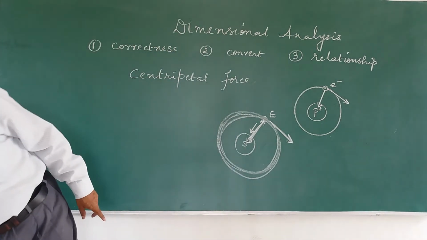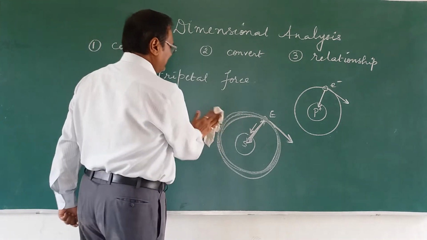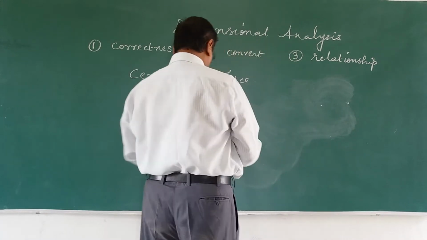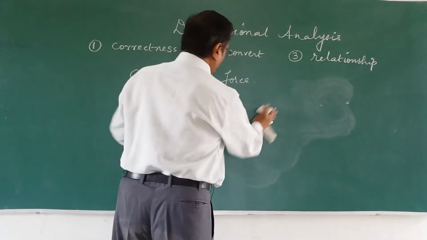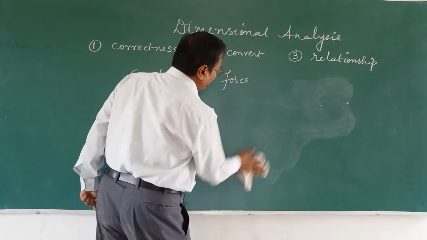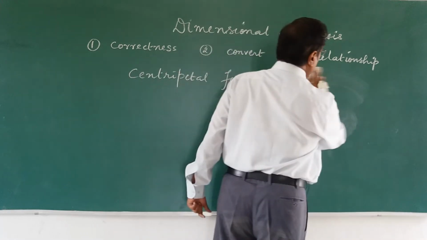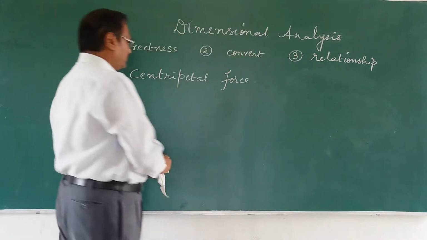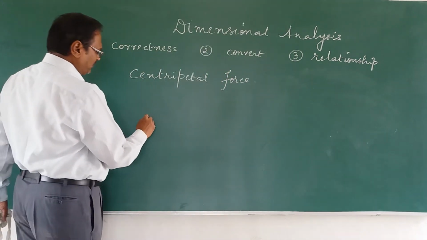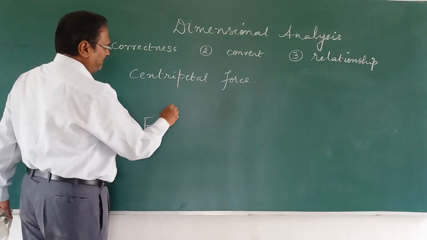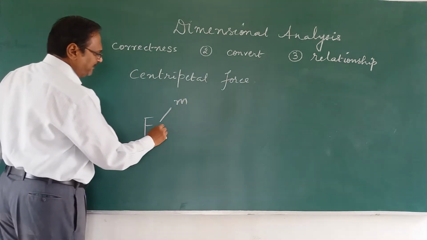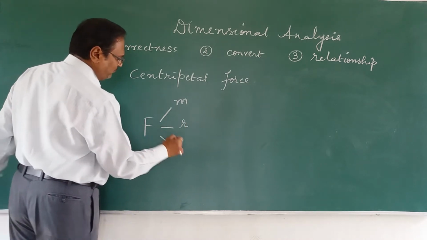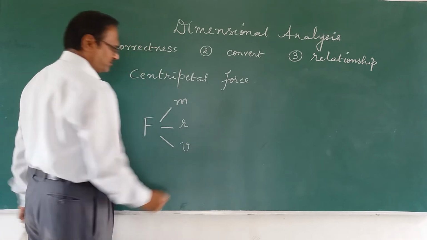Now what I am going to do is derive an equation for centripetal force. This will be one of the applications of dimensional analysis, that is, deriving the relationship between different physical quantities. Now I say the centripetal force depends on mass, on radius, and on velocity.